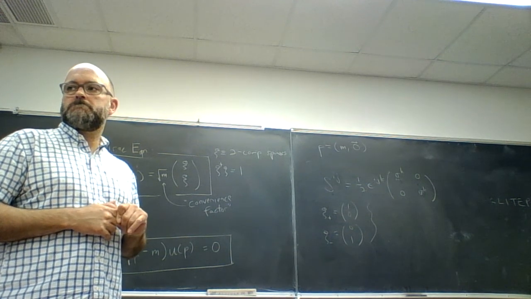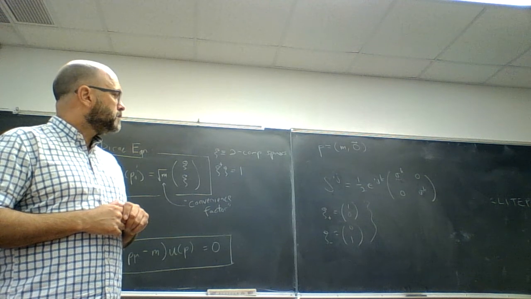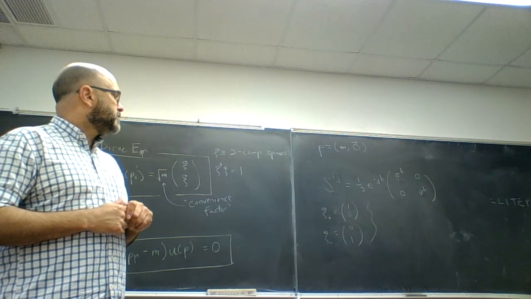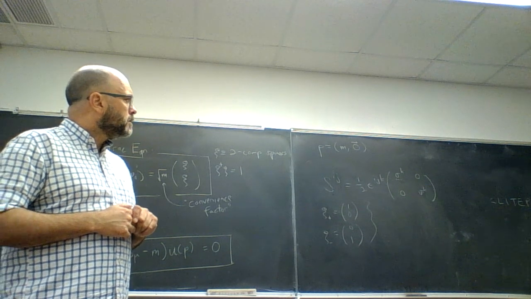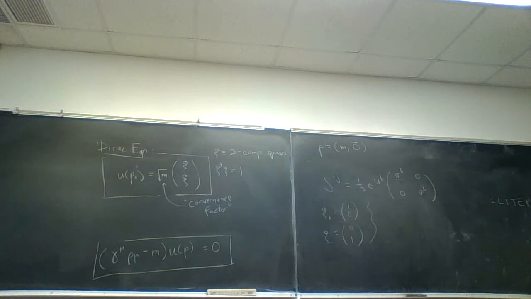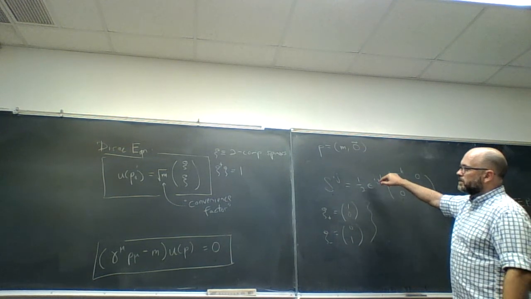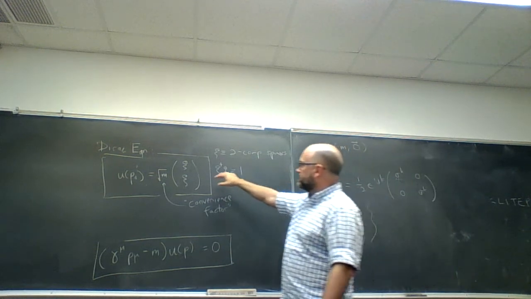What's the relationship between S_ij and mu and the U that we found? Why are we talking about S_ij? Well, we were trying to understand what these guys are.